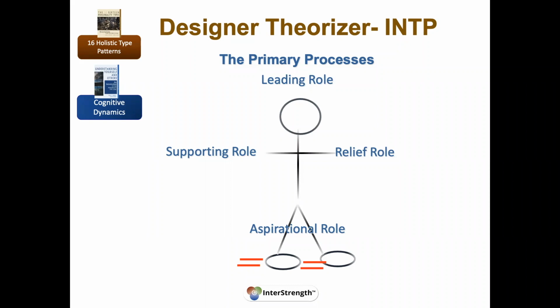And so for the designer theorizer, the leading role is analyzing, constantly taking things in, checking them against what's known, what models you have, what frameworks, building a framework, identifying a new framework, but constantly analyzing.